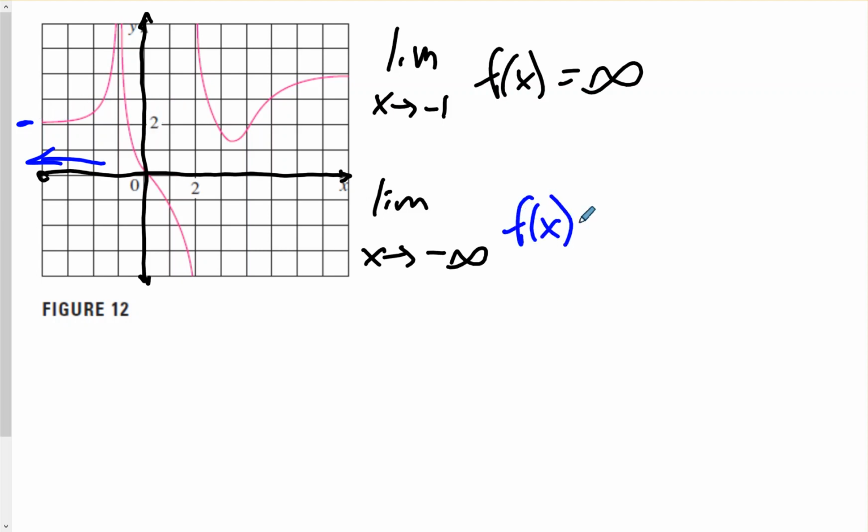So it looks like this would be equal to 2. And then the limit as x approaches infinity, so going to the right, it appears this is approaching 3, 4.